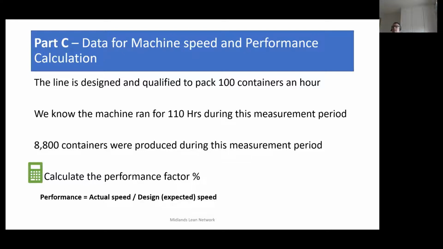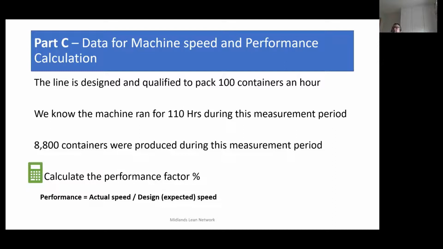So part C then, we're going to look at the performance now. The line is designed and qualified to pack 100 containers an hour. We know the machine ran for 110 hours from our previous calculation. In actual fact, in our warehouse, 8,800 containers were produced during the measurement period.